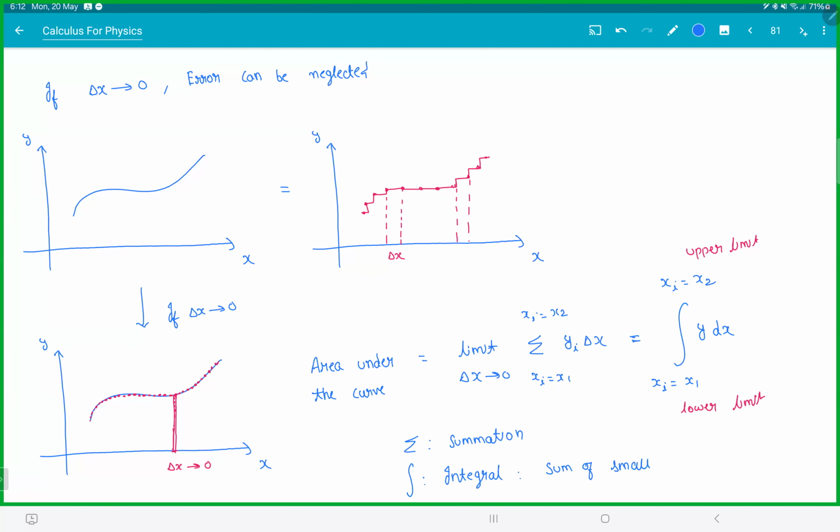Delta x means change, dx means very, very small change. So mathematically speaking, there is no difference between sigma and integral. The only difference is that the moment you use the word integral, it is understood you're taking very small pieces.